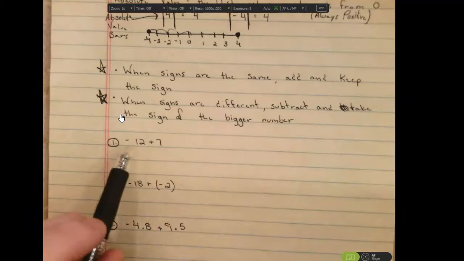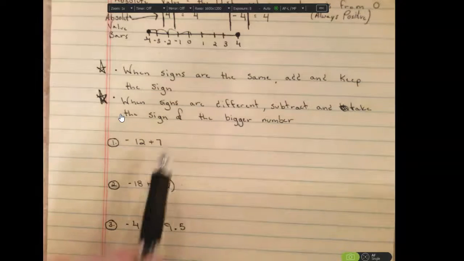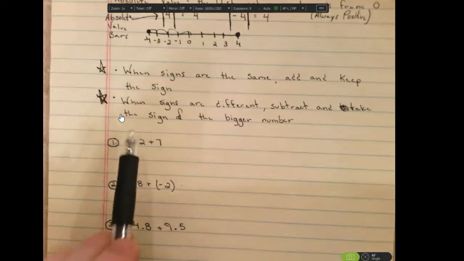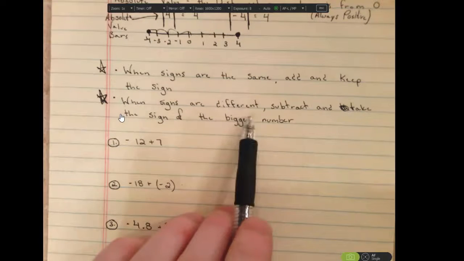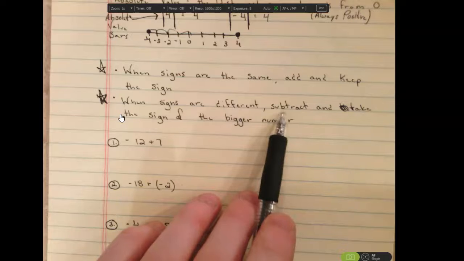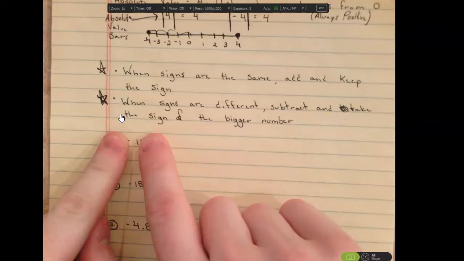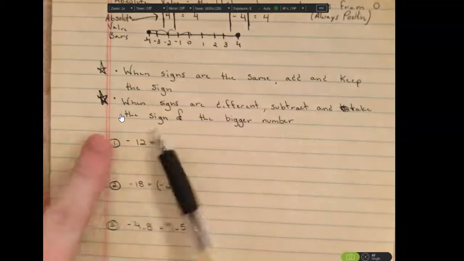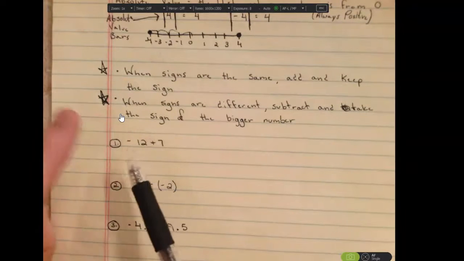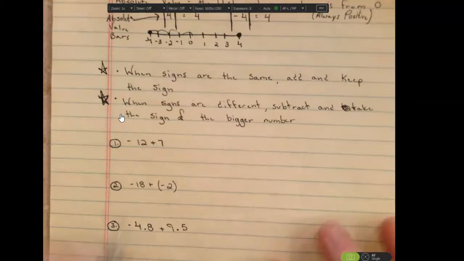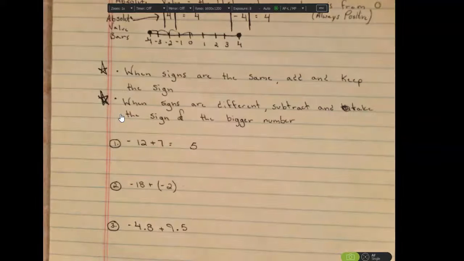All right, let's look at this. -12 plus 7. That's my first one. So again, if I follow my rules here, I have a negative and a positive. My signs are different, so I'm going to subtract the 2 numbers. So 12 minus 7. I'm not really going to worry about the signs in front, I'm just going to take the numbers themselves. Every one of you knows 12 minus 7 is 5. Take the sign of the bigger number.